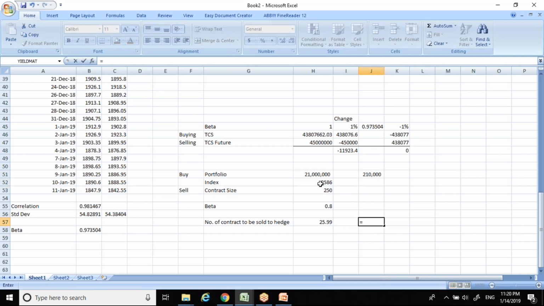Now how about a 1% change in the index multiplied by this, and 1%, multiplied with the beta. It has to be the same. Hold on. This into the contract size and multiplied by this into 1.